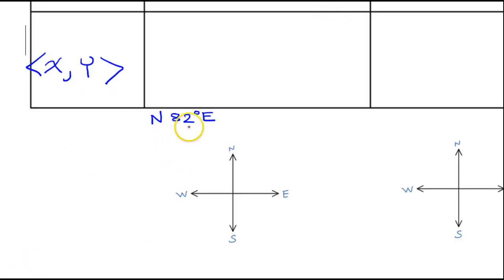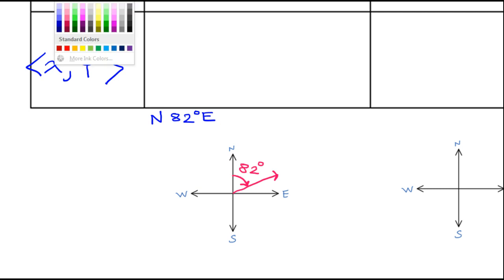Now we can't use a direction like this in our calculation. We need to rewrite this as an angle measured counterclockwise from the east. So let's see, north 82 degrees east. That means start at north and turn 82 degrees towards the east. So that will put our vector right here, and this is the 82 degrees.